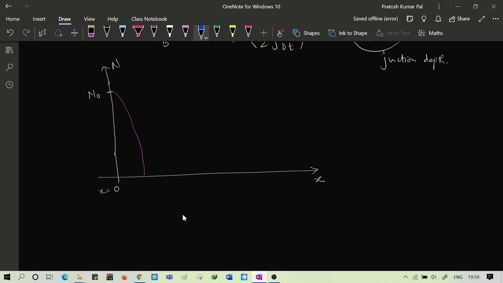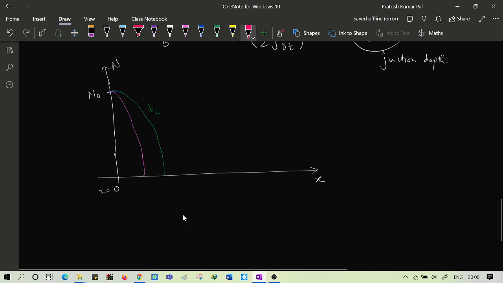Similarly, if we diffuse for a higher time, the diffusion depth will be somewhat higher than the previous one. So this was the previous one, and this will be the next diffusion depth.